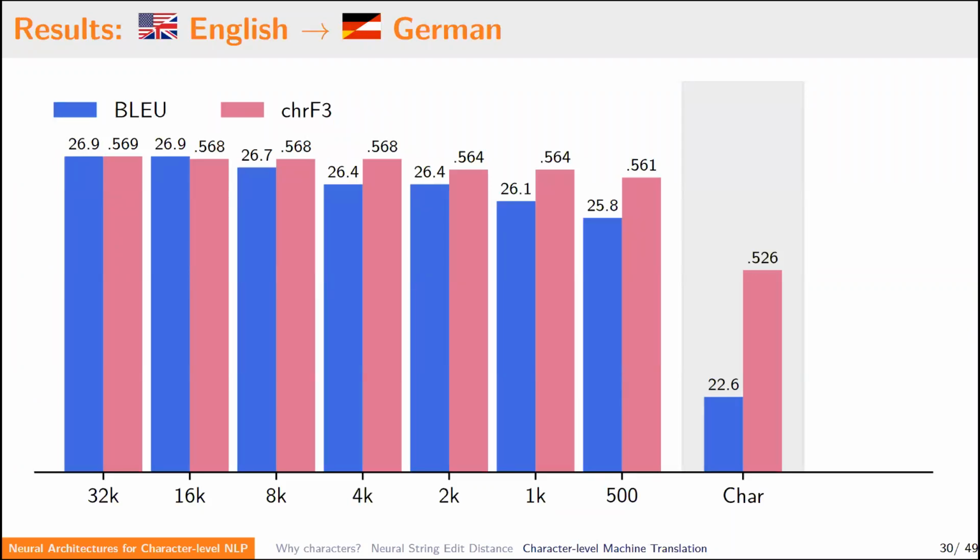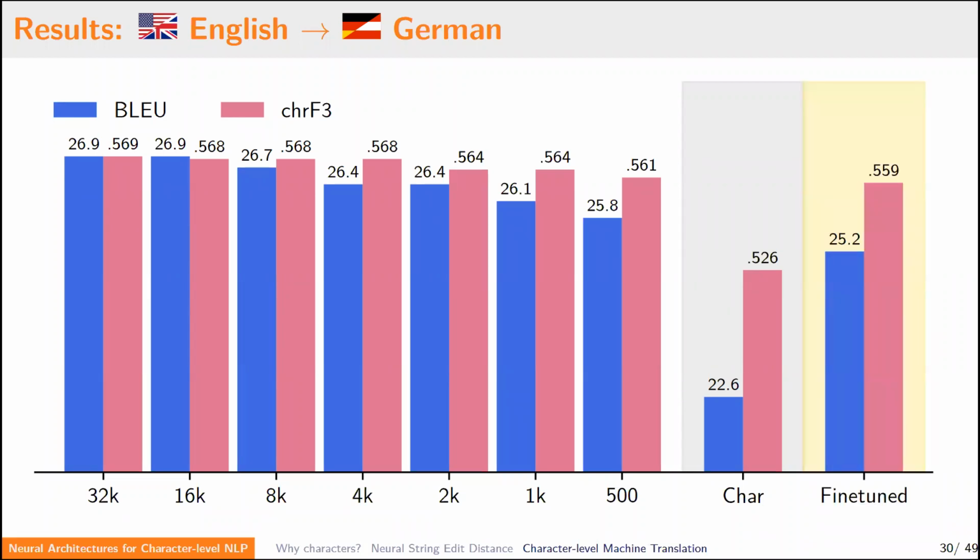This is the result I already talked about. As we decrease the vocabulary size that we see here, the translation quality slightly drops. And once we go from 500 BPE units to the character level, there is a huge quality drop.